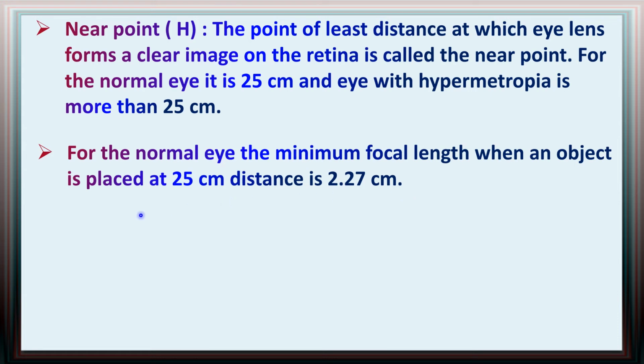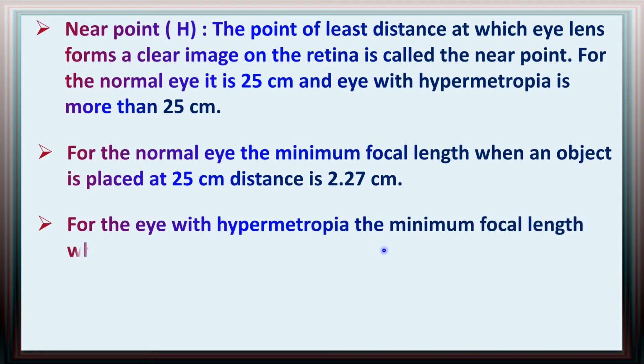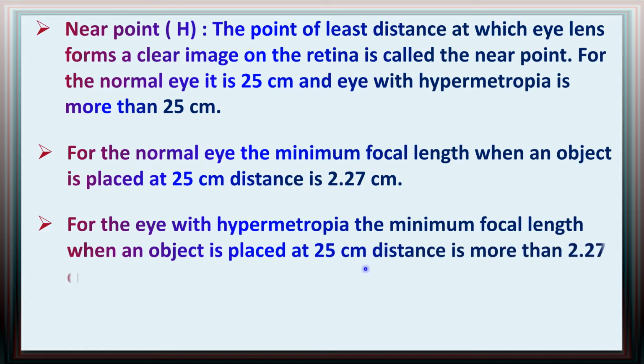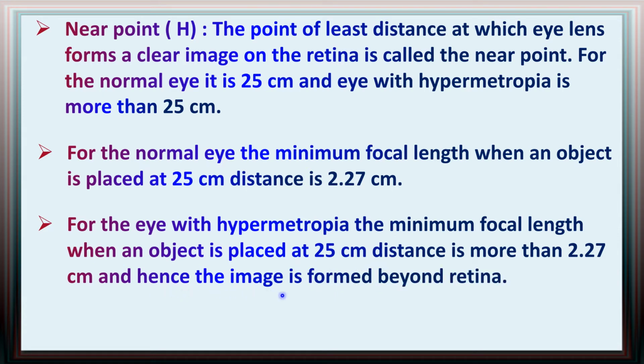But for a hyperopic eye, the minimum focal length when an object is placed at a 25 centimeter distance is more than 2.27 centimeters, and hence the image is formed beyond the retina. Why is this happening? In the case of hypermetropia, F minimum is more than 2.27 centimeters.